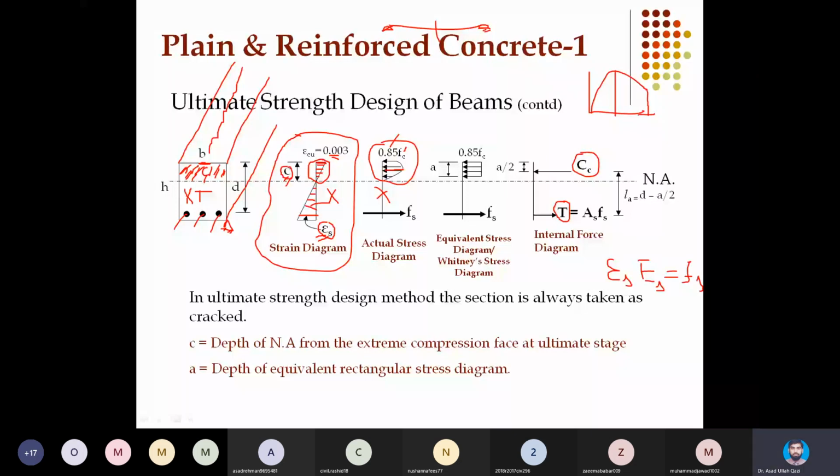While in steel, all the bars are concentrated in one layer and they are being strained to a magnitude epsilon s, multiplied with the modulus of elasticity will give me fs. So this is the actual stress profile above the neutral axis in the concrete material.